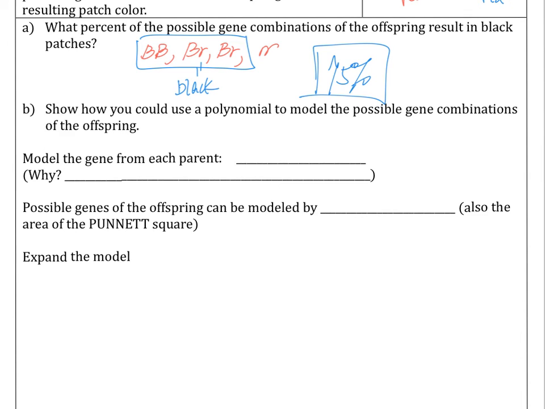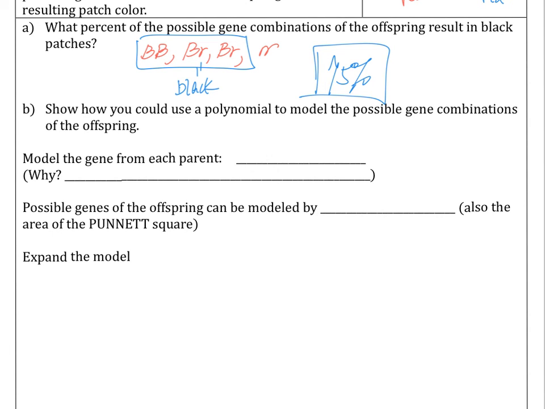Because there's an equal chance that a collie inherits a black or red gene from each parent.